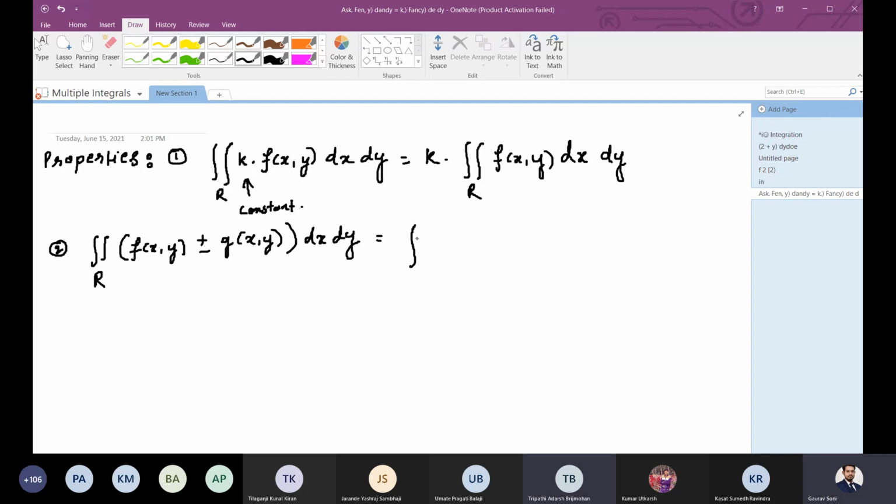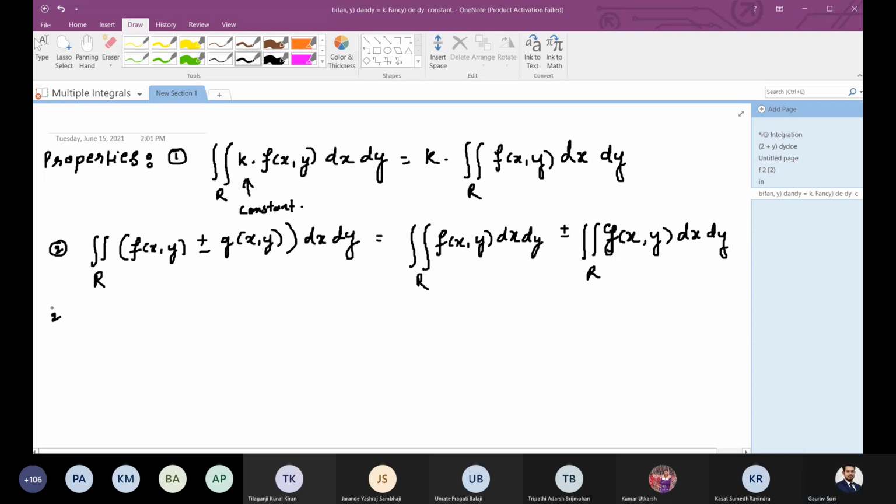Whenever there is an addition or subtraction, just like our previous integrations, we can separate the double integral. So it is the double integral over R of f of x comma y dx dy, plus or minus the double integral over R of g of x comma y dx dy.